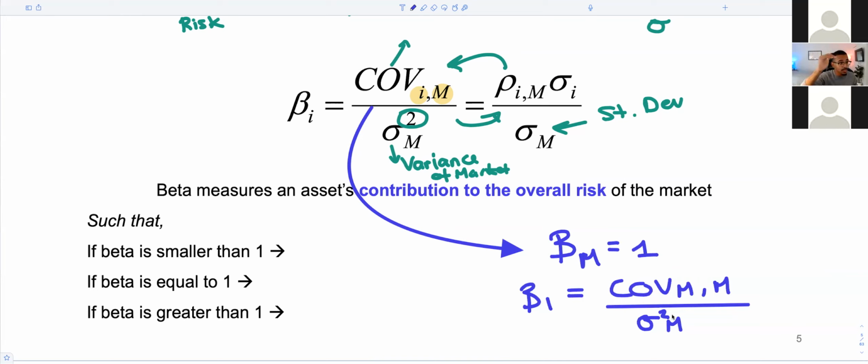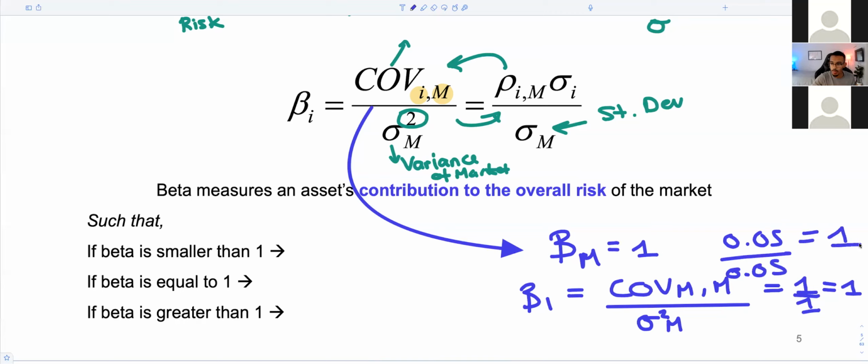So that divided by the variance of the market would literally be equal to 1, because you're assessing the covariance of the same asset over its own variance. It's like saying 1 divided by 1 will be equal to 1. Or if the variance was, call it, 0.05, well, 0.05 divided by 0.05 gives you 1, okay?